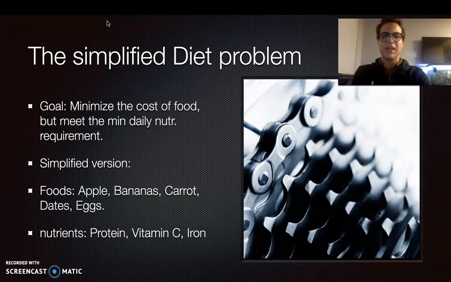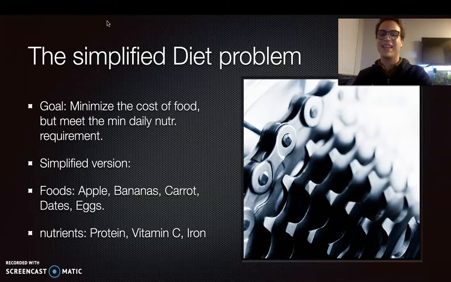And there is our first constraint, that is to meet the minimum daily nutrition requirement. This is where it is telling us to feed ourselves, to not just opt out of the problem and say, I'm not going to eat, and that's how I'm going to minimize the cost of food.